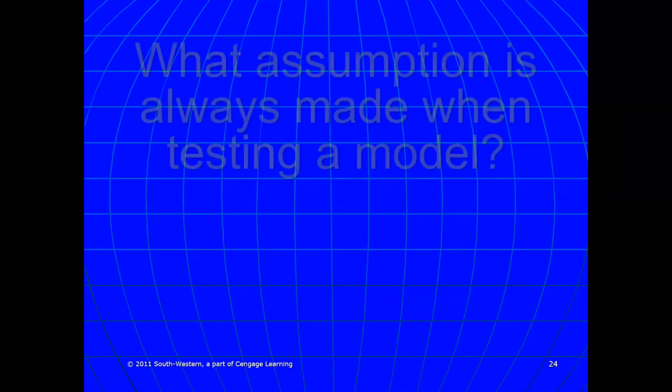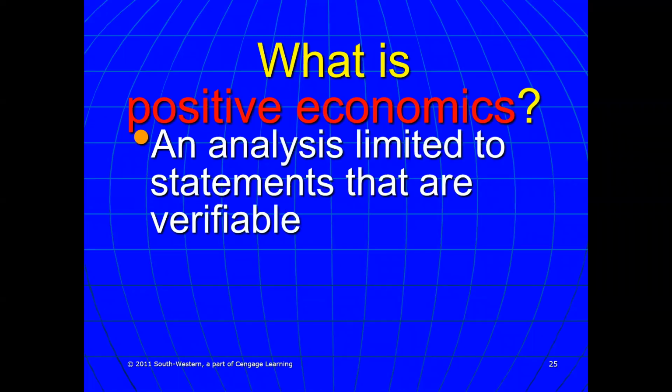And we've gone through ceteris paribus. A couple other terms and definitions. Positive economics. So this isn't positive as in, oh, today is your birthday. This is a true or false statement. And so can you verify the statement?